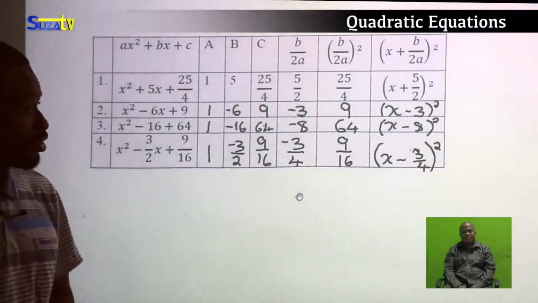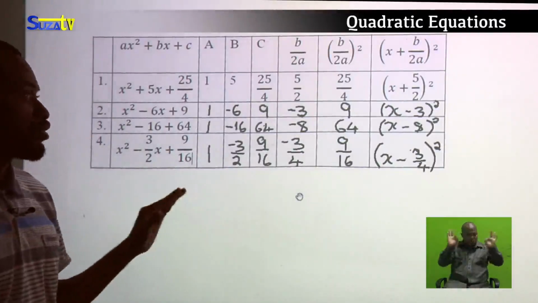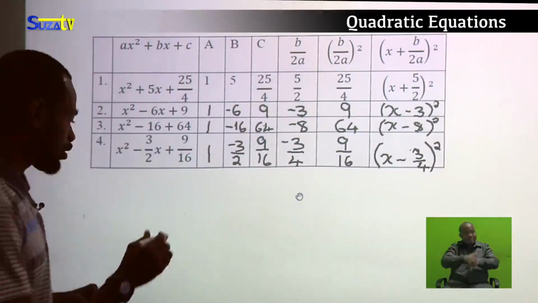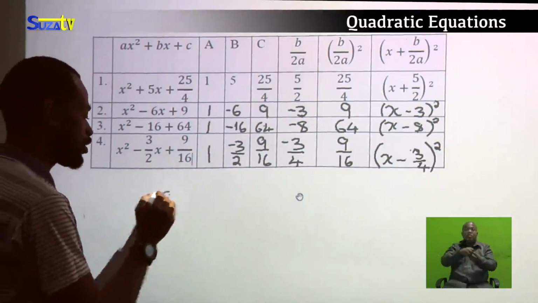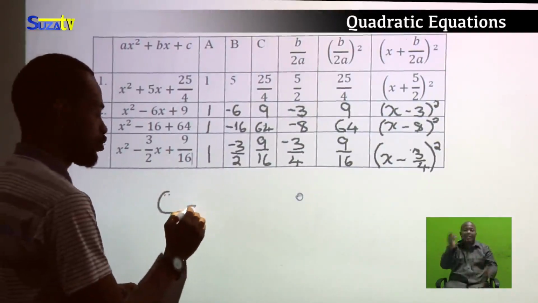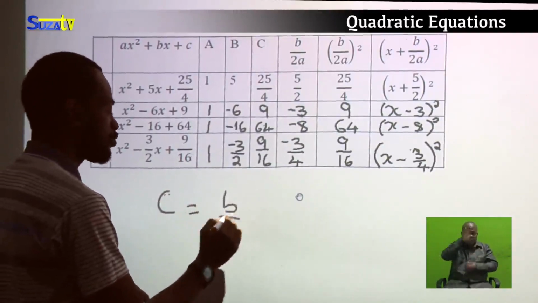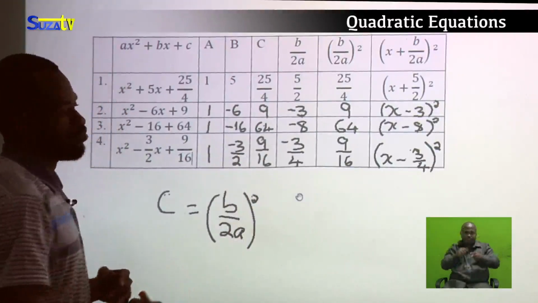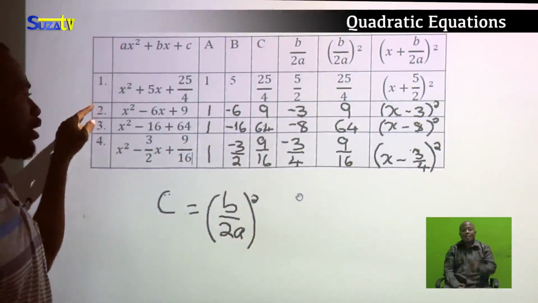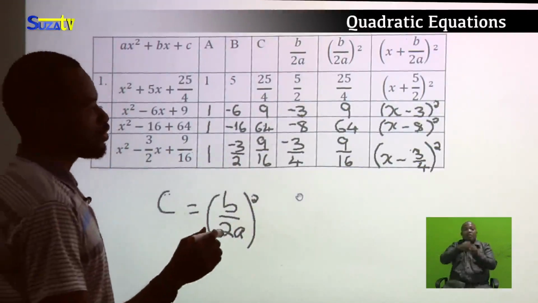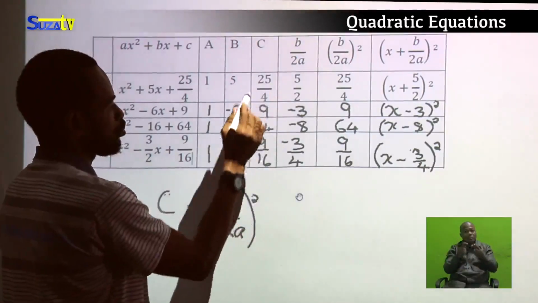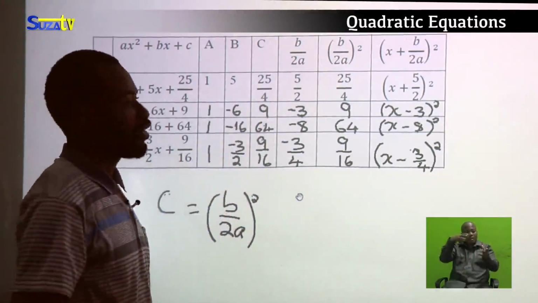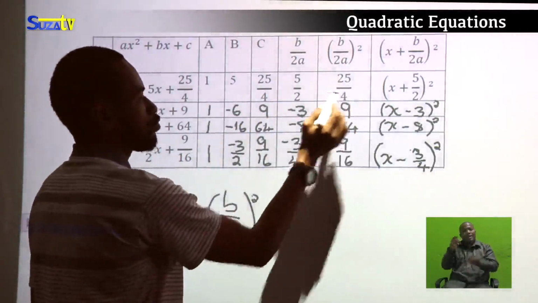Yes, very good. From the table, we have observed that in each expression, the value of c is equal to the value of b over 2a, the whole thing squared. In expression number 1, the value of c is 25 over 4, and the value of b over 2a squared is the same, 25 over 4.